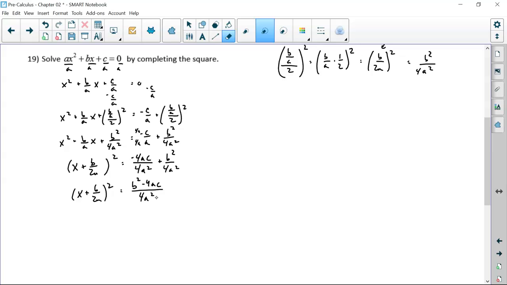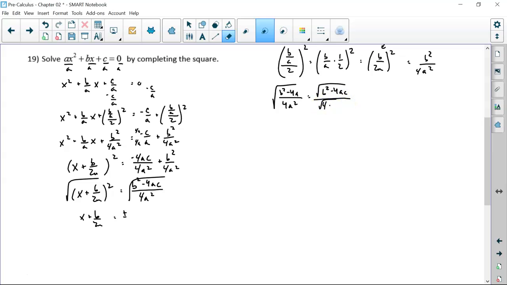It's messy, I know. Now to solve, we take the square root of both sides. x plus b over 2a equals plus or minus. Now I'm going to do that square root off to the side here. The square root of b squared minus 4ac over 4a squared. Because of the quotient property, we split them up. b squared minus 4ac, that square root goes on top.